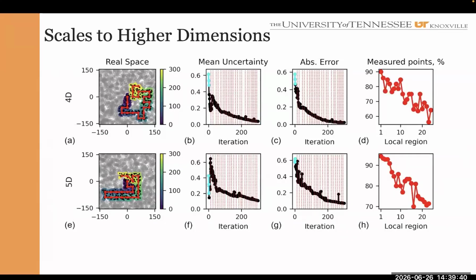The same holds true for higher-dimensional spaces, such as 4-dimensional and 5-dimensional space. As you may see, we still observe the same dependence. At the beginning, the percent of the measured points is higher than 90%, and the higher the dimensionality of the investigated space, the higher the part of the particles we are going to investigate.